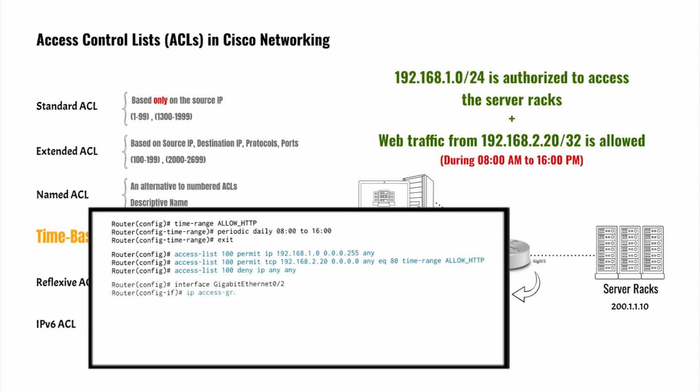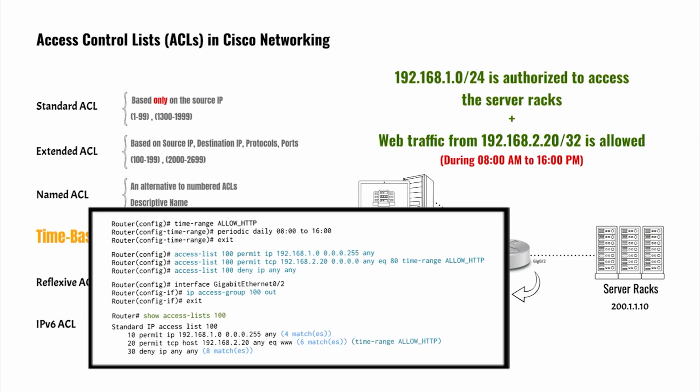Finally, ACL 100 is applied outbound on interface Gigabit Ethernet 0/2, meaning the access list filters traffic leaving the router on that interface. This setup ensures that general traffic from 192.168.1.0/24 is always allowed, but HTTP traffic from 192.168.2.20 is only allowed during the specified hours, while all other traffic is blocked.